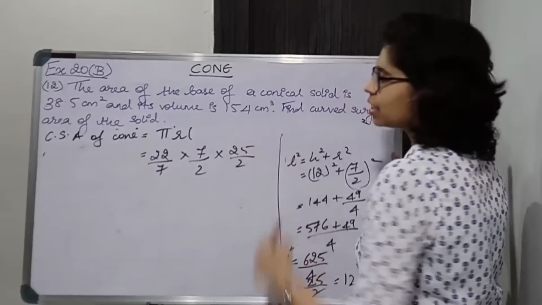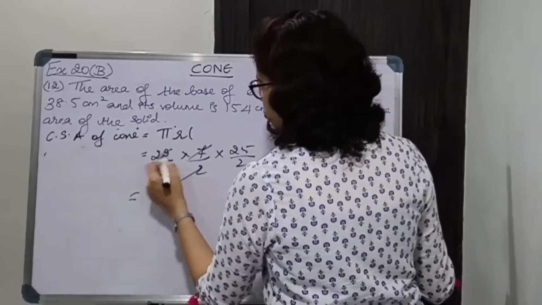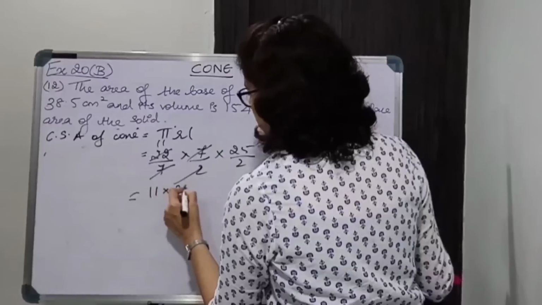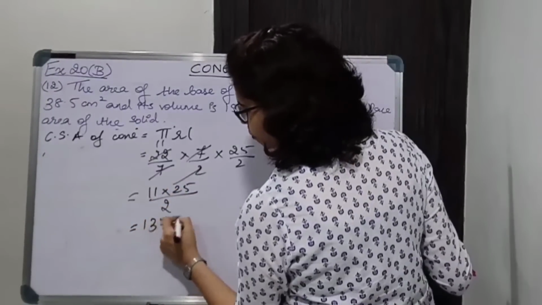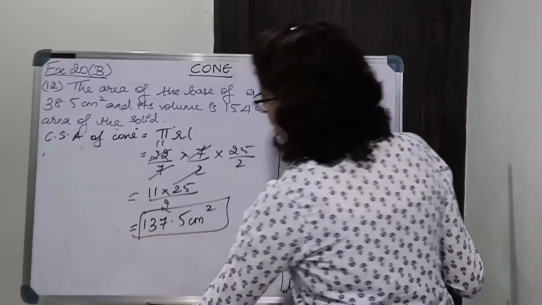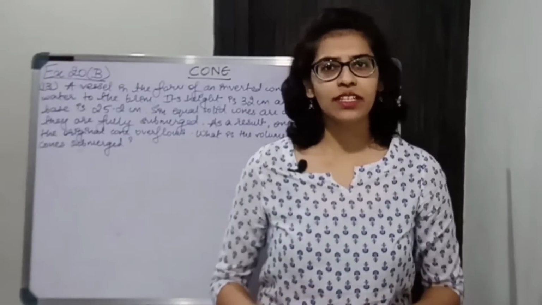I'm keeping this in fraction form, ठीक है, 7 7 gets cancelled, 2 11s are 11 into 25 upon 2. This will give 137.5 centimeter square. So curved surface area is 137.5 centimeter square. Let's check the next question.